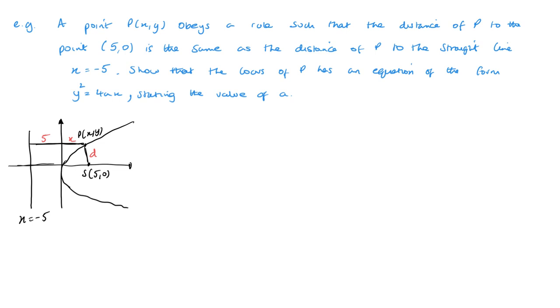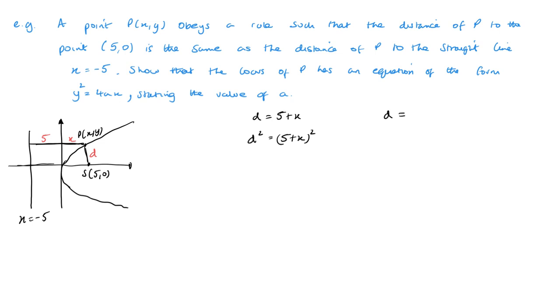Okay, so I can basically start off with d equals 5 plus x, or d squared equals 5 plus x squared. Now, why am I using d squared? Well, quite simple.